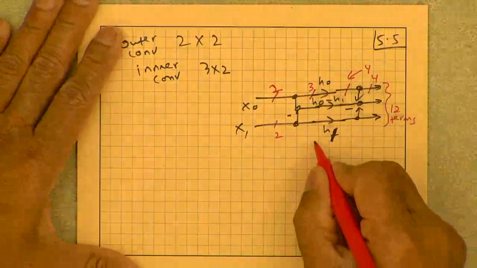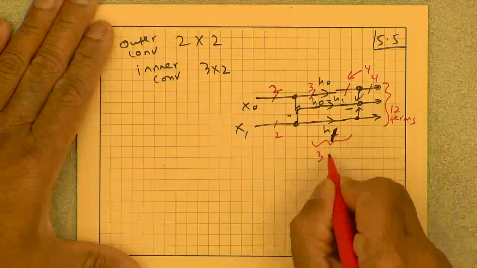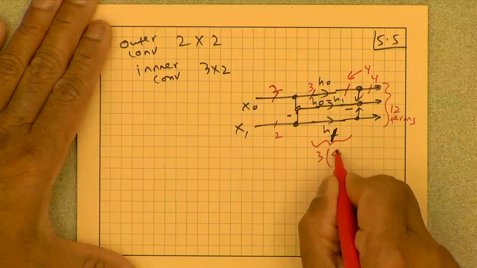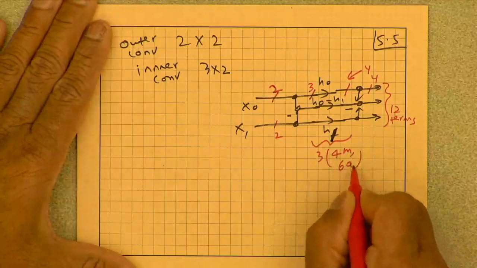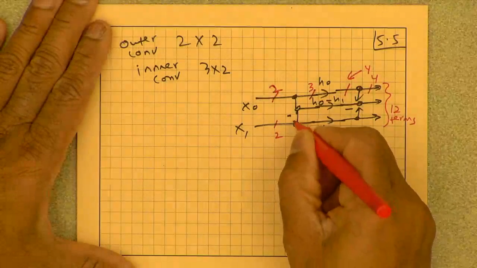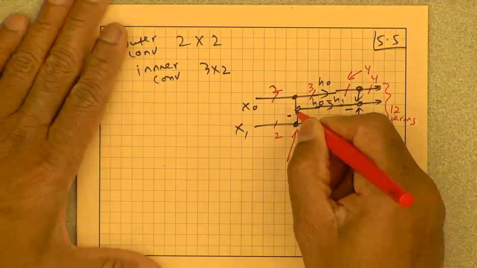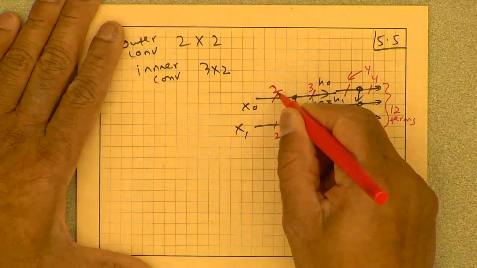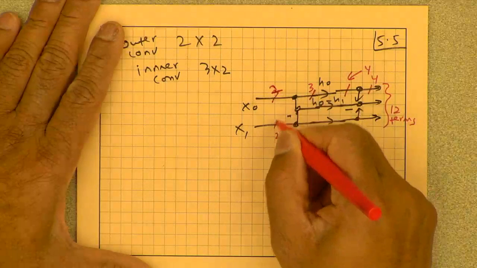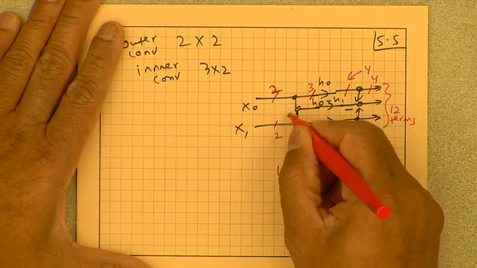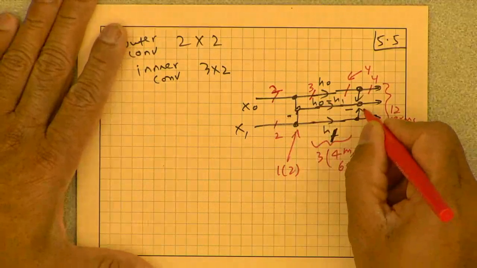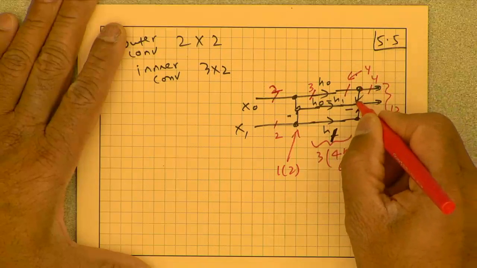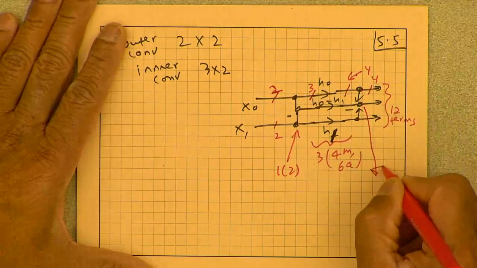So how many multiply adds here? 3 times, each 3 by 2 was 4 multiply, 6 add. What about here? How many add operations here? This is 2 add operations, 1 times 2, degree 1 polynomial. So the 2 terms have to be added with 2 terms, or subtracted, doesn't matter. And here these are 4 terms, and this is 2 times 4.